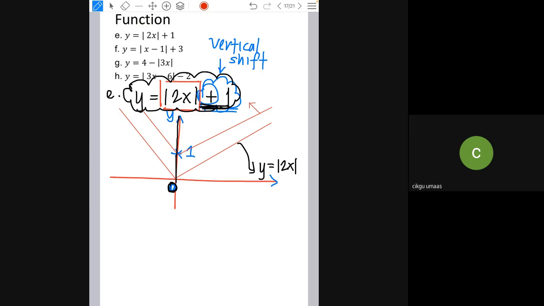Okay. All right. I'll do one more with you. Now there's a modulus x minus 1 plus 3. Right. Clear this off. Can I clear, Menu?